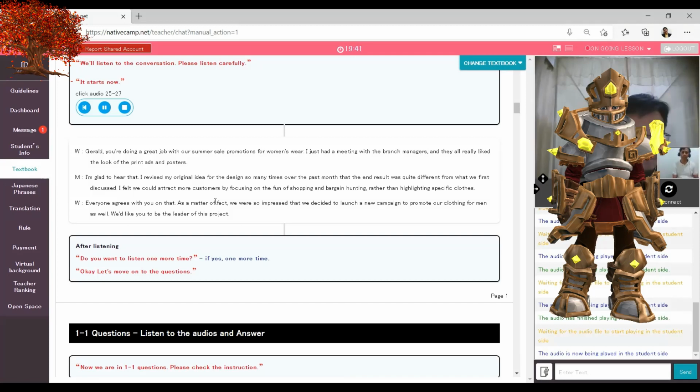I felt we could attract more customers by focusing on the fun of shopping and bargain hunting rather than highlighting specific clothes. Everyone agrees with you on that. As a matter of fact, we were so impressed that we decided to launch a new campaign to promote our clothing for men as well. We'd like you to be the leader of this project.